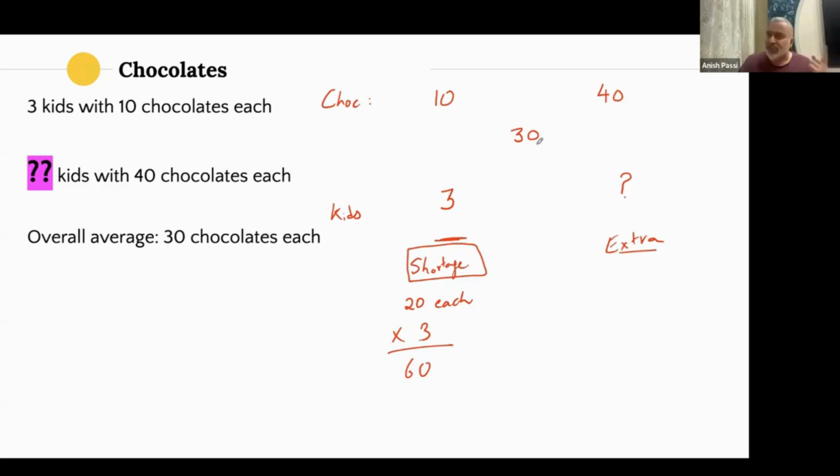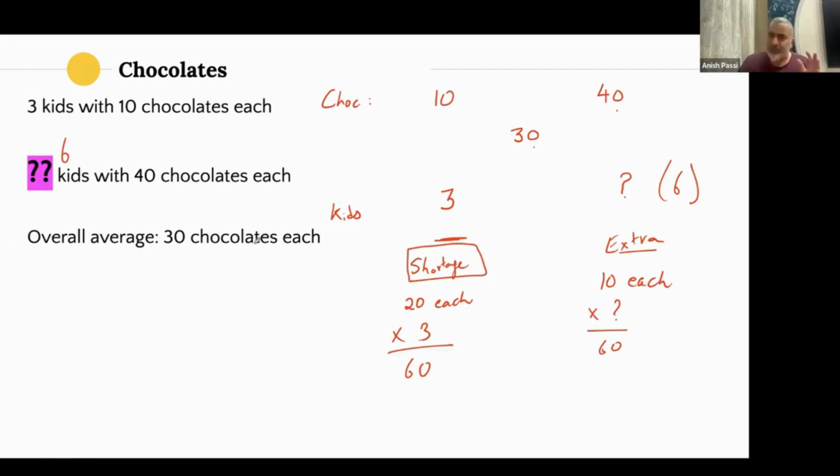Now, each kid has how much extra? 10 extra, right? 40 compared with 30. That's 10 extra each. So what do I multiply this by to get 60? 6, essentially. That tells me that the number of kids with 40 chocolates each would be 6. Tell me, if that's clear, let me know in the chat.